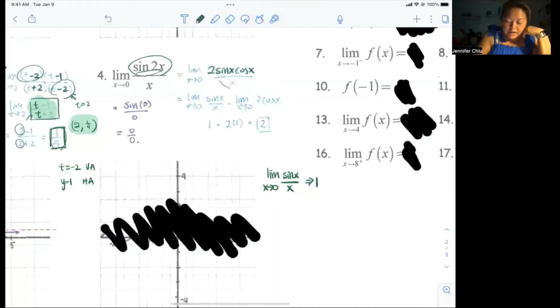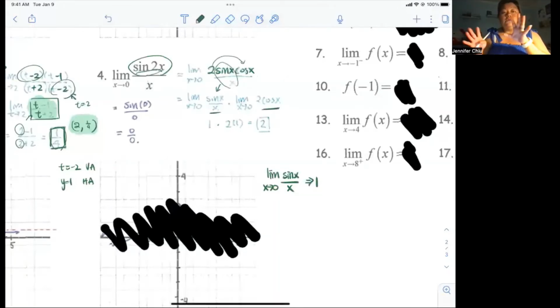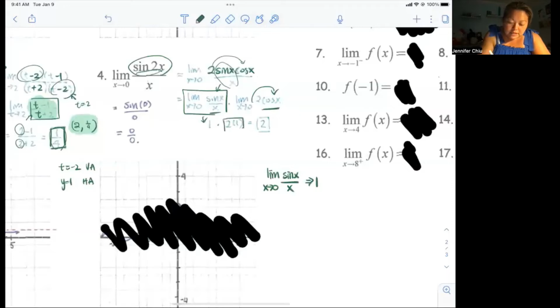And then I put the sine x over x right here, and I put the rest of it, 2 cosine x, by itself, because you can remember you can multiply your limits, so you can split it up from before it got multiplied together. So then I can see this limit approaches 1, and then for this limit I can plug in 2 times cosine of 0. Cosine of 0 is 1, so 2 times 1 gives me that second limit, and then my final answer would be 1 times 2, which is 2.